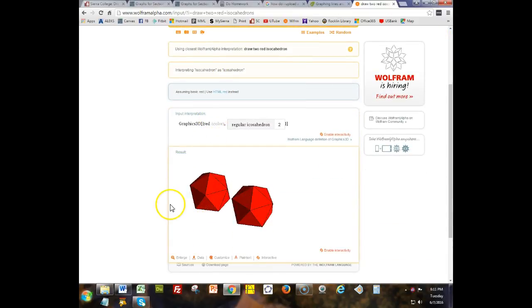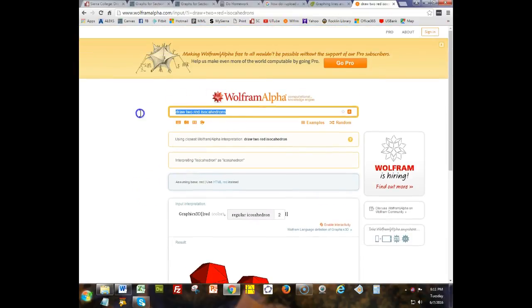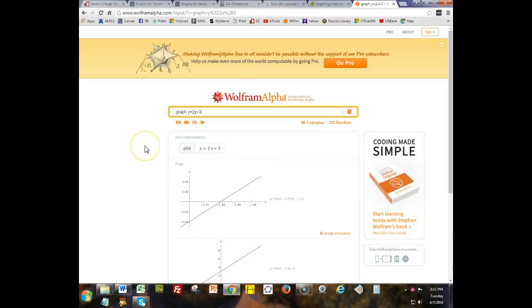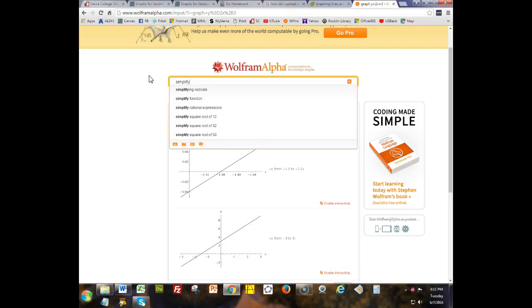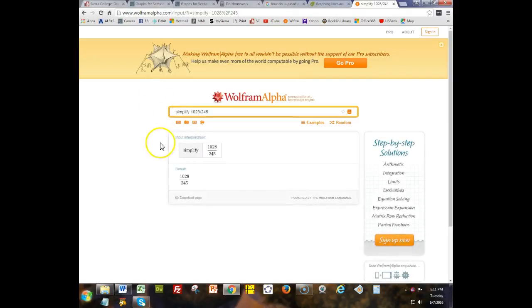Here we go. Here's two red icosahedrons. So it's pretty cool. You can ask it to graph things. So you can ask it to graph y equals 2x plus 3. And it'll show you a graph. If you don't happen to have a calculator handy, it could simplify fractions. So if it doesn't simplify, it'll just show you the same number again. So this could be really handy.